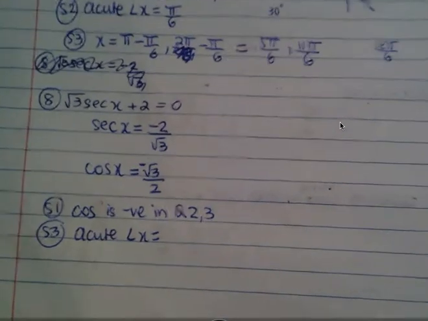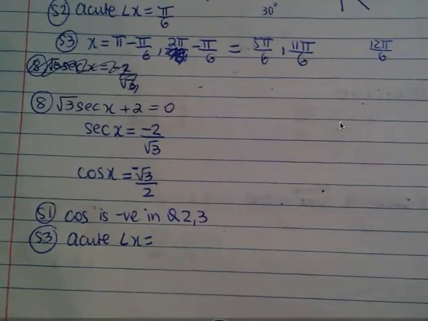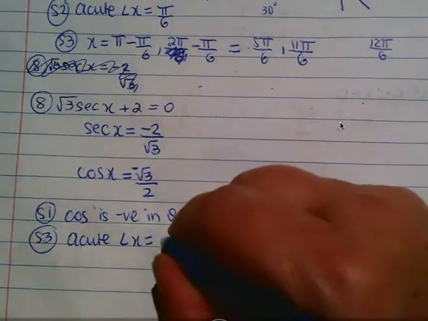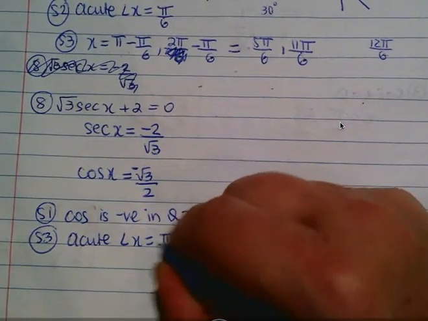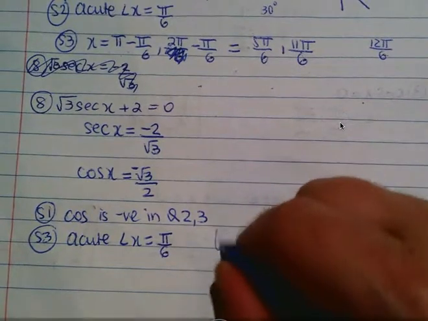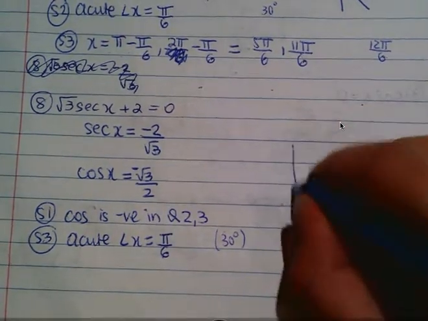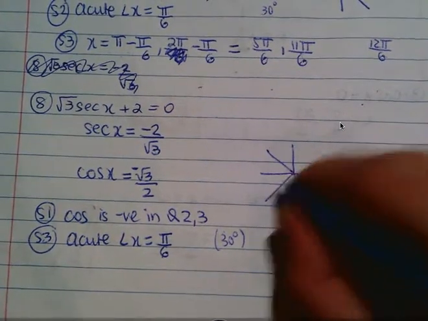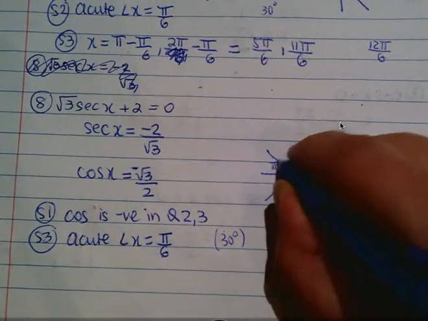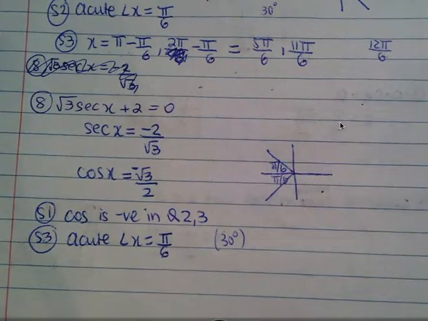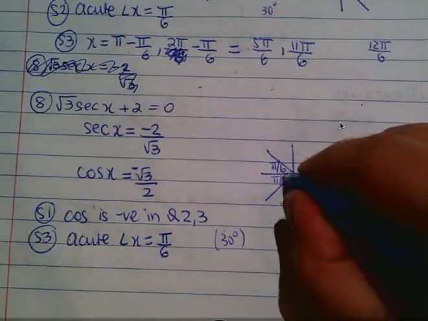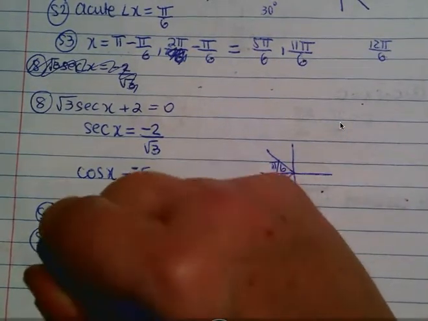Is it cos 30 or cos 45 or cos 60? Well, it's cos 30. So 30 is 180 on 6. So you just think to yourself, well, that's 30. And in our little sketch in quadrants 2 and 3, instead of putting 30, we put pi on 6 and pi on 6 in there. So that was step 2.